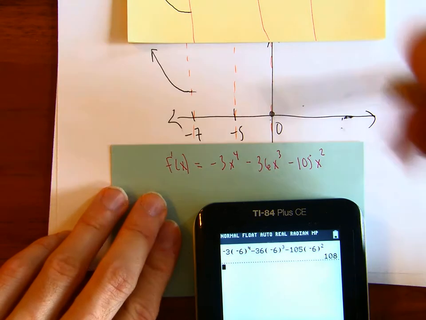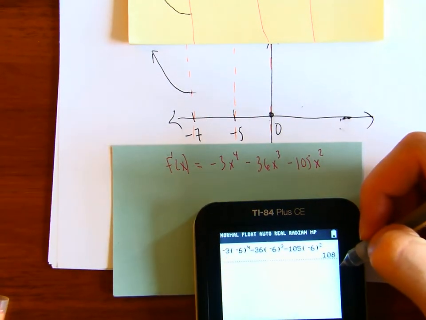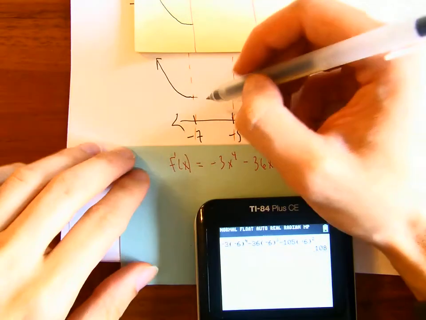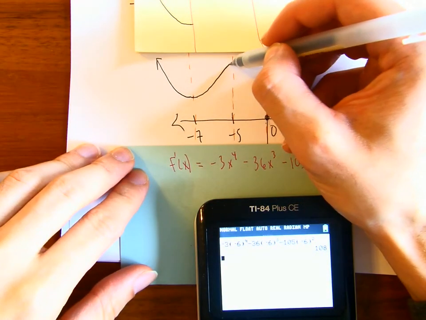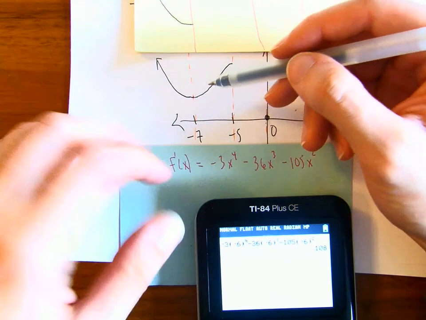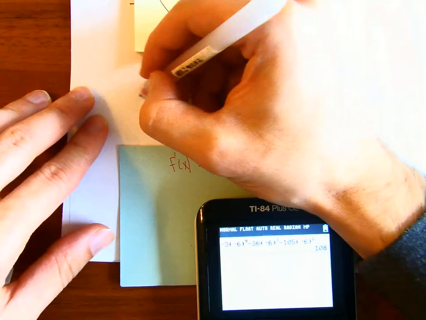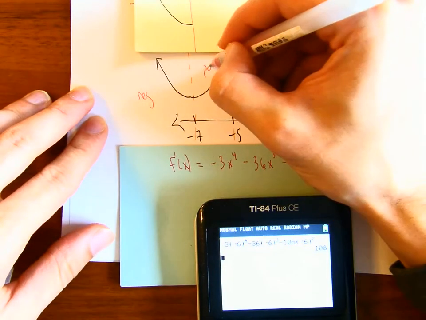And now we got positive 108. So what does this mean? That this graph right now has to go something like this. Okay? I mean, it could be anywhere. It could be above the x-axis, below the x-axis. But all I know is that this is negative to positive.